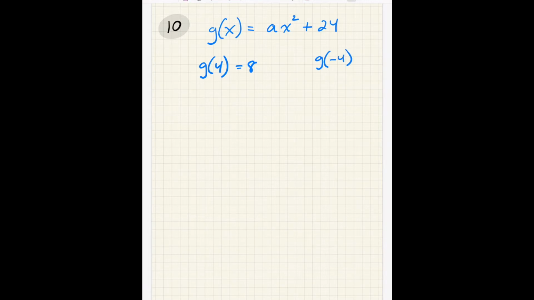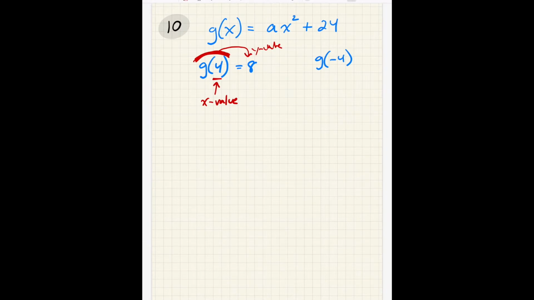Now, let's take a look at what they've told us. Remember, guys, if something is a function and it shows up inside the parentheses, that is an x value, whereas the entire function as a whole acts as the y value.